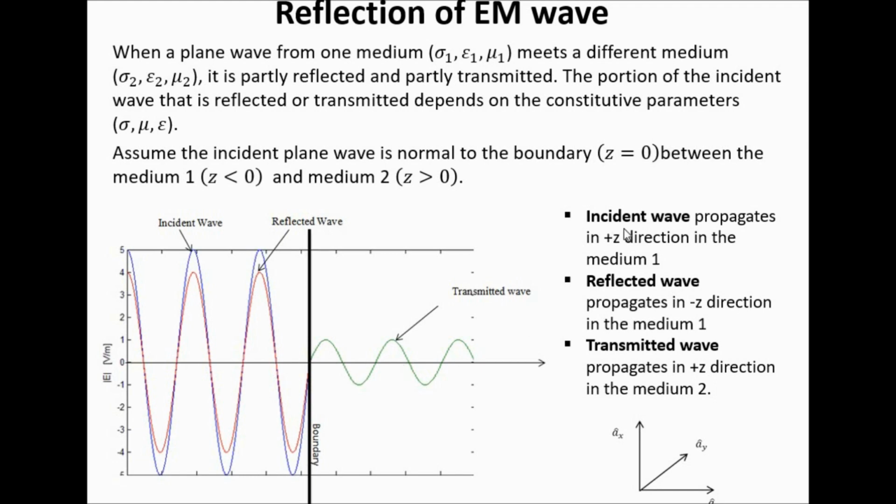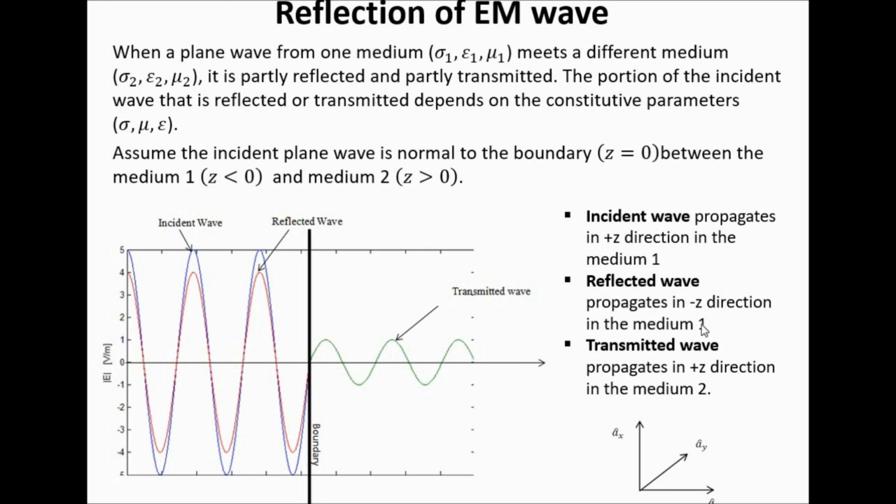The incident wave is propagating in the positive z direction in medium 1, the reflected wave will propagate in the negative z direction in medium 1, and the transmitted wave will propagate in the positive z direction but in medium 2. So be careful here.